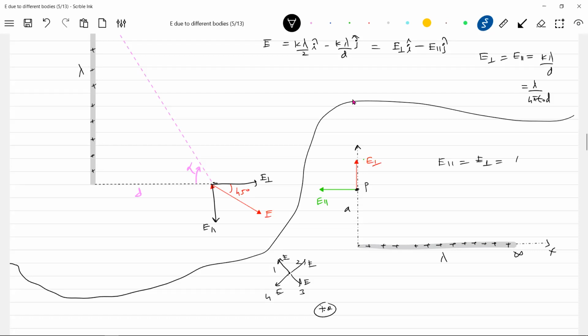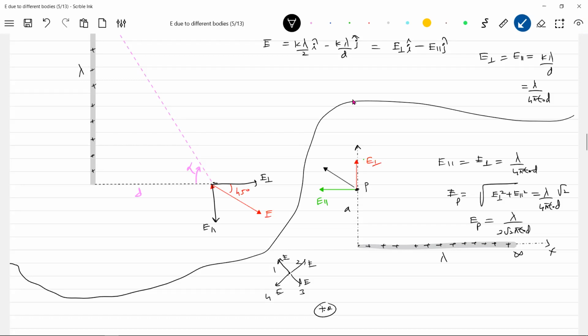E perpendicular is lambda by 4 pi epsilon naught D. What is the total magnitude? It should be the square root of E perpendicular squared plus E parallel squared. This should be the resultant field at point P, the magnitude. How much of an angle will it make?